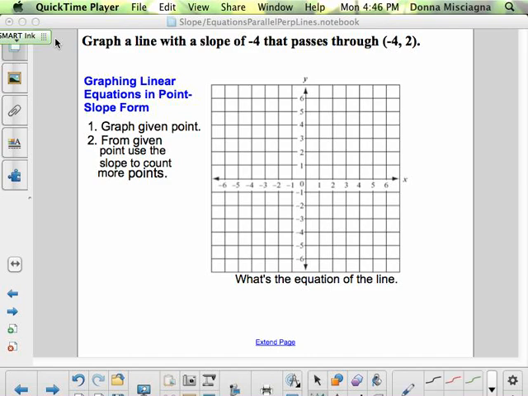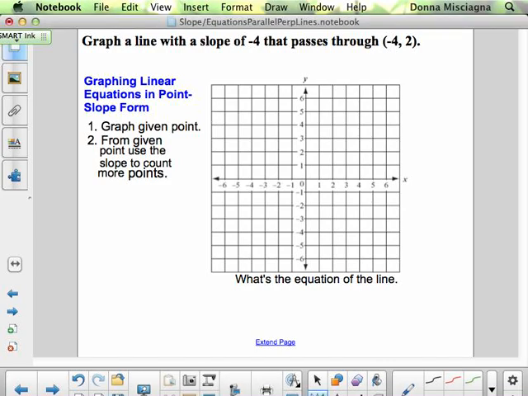Let's look at this first one. Graph a line with a slope of 4 that passes through the point -4, 2. So our first step is going to be to graph that point. This is really no different than graphing a line in slope-intercept form, where you graph the y-intercept, except instead of graphing the y-intercept, you're just going to graph whatever point you're given.